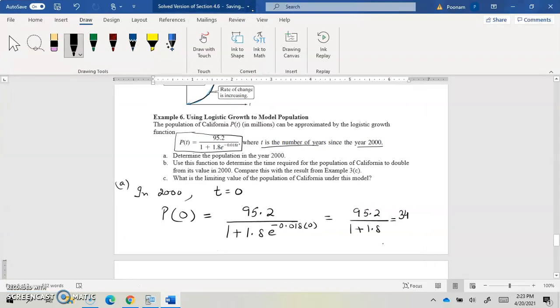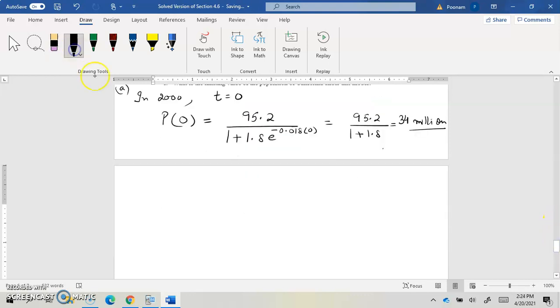All of these answers are in millions here. Use this function to determine the time required for the population of California to double its value from 2000. So the question says, find the time when the population is double what we have in 2000.